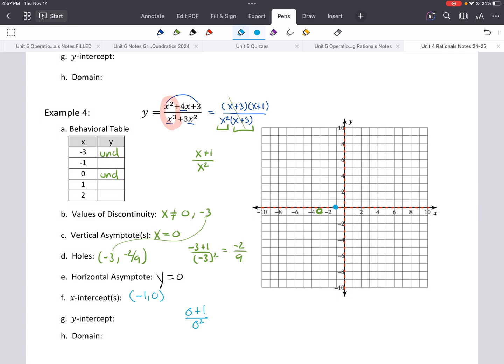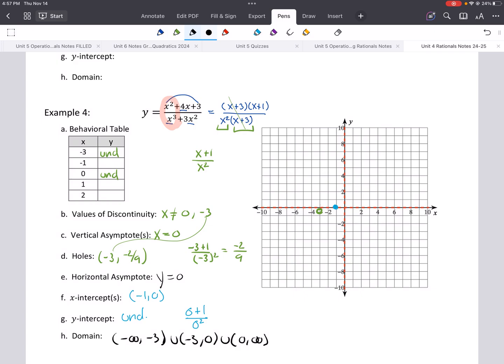Oh, can't divide by 0, so that's undefined. We already knew that if you would look at this, right? 0 is one of our values of discontinuity. Okay, and then the domain. The domain, this one will go from -infinity to -3, -3 to 0, and 0 to infinity.